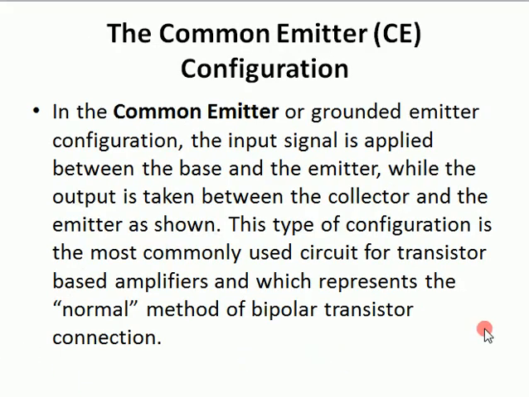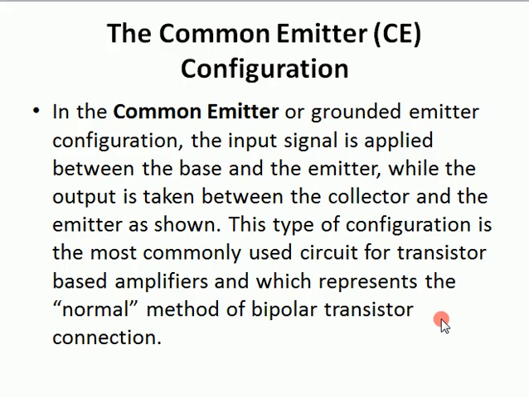Now comes the common emitter configuration. Here the word common emitter means that the emitter is common between the input signal as well as the output signal. So in common emitter or grounded emitter configuration, the input signal is applied between the base and the emitter, while the output is taken between the collector and the emitter. So here again the emitter is common between the input and the output sides.